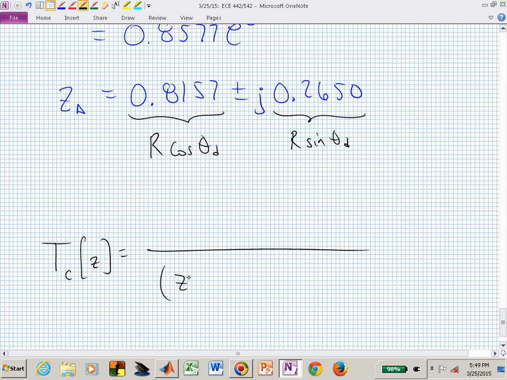We could say, okay, now we have z minus 0.8157 squared plus 0.2650 squared. We said we wanted a second order transfer function. This is now a second order transfer function.